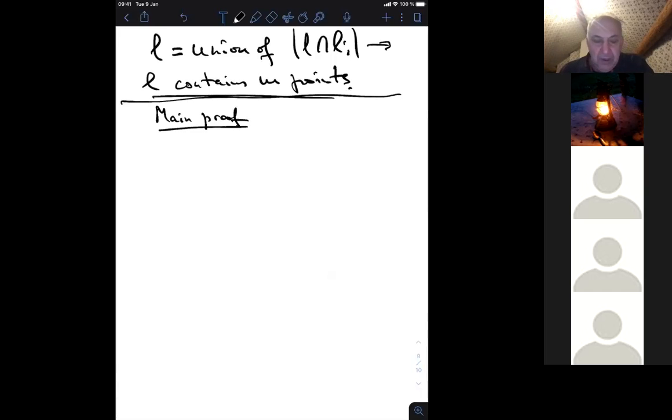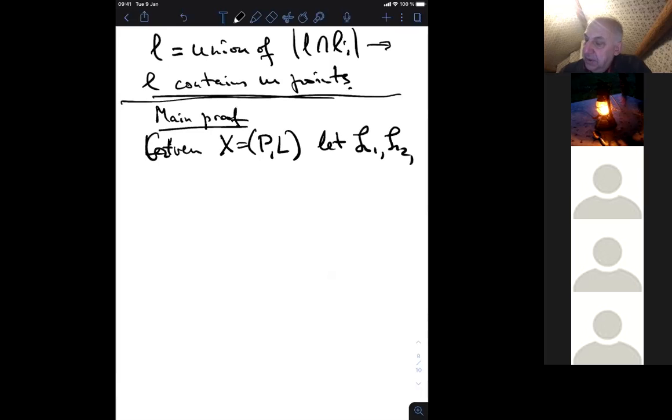We know that there are at least three parallelity classes. So given our affine plane X, let L1, L2, L3 be arbitrary distinct parallelity classes.